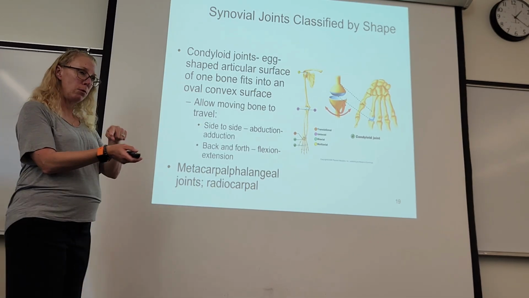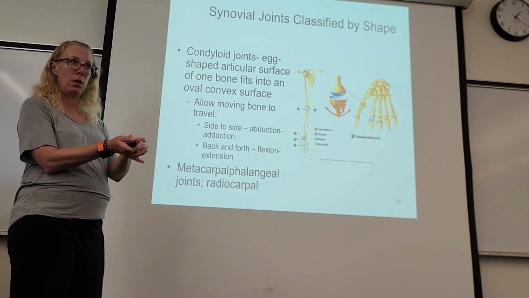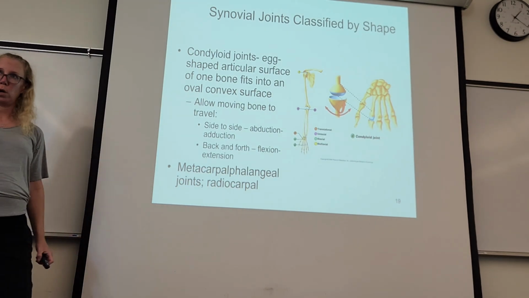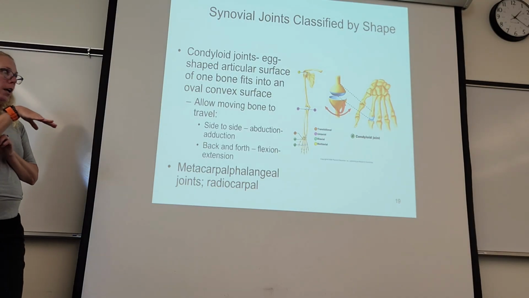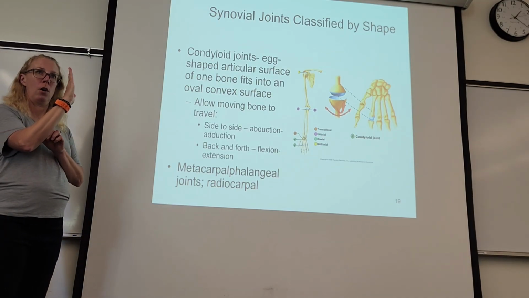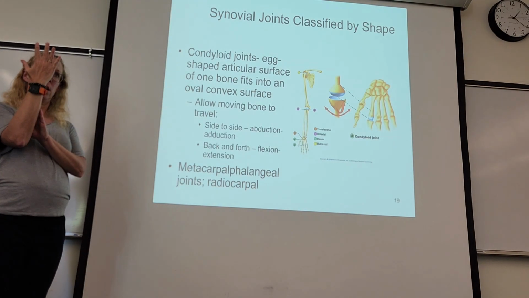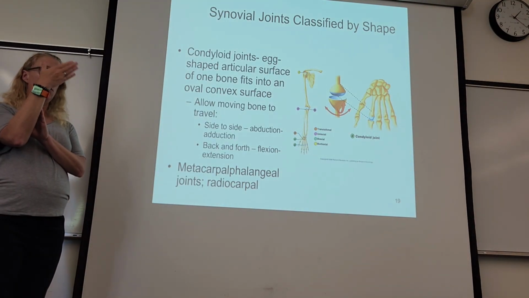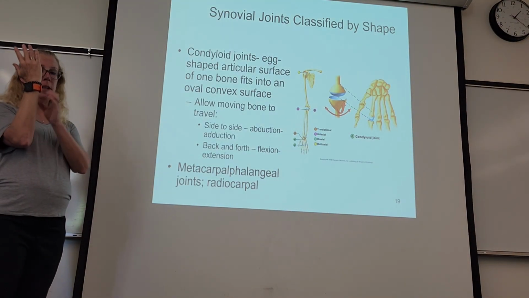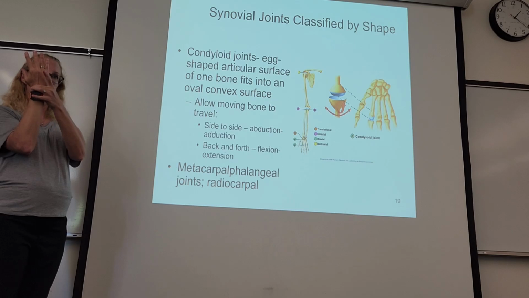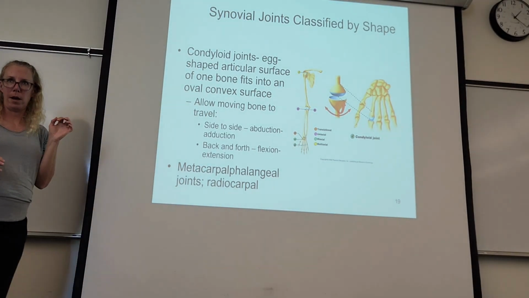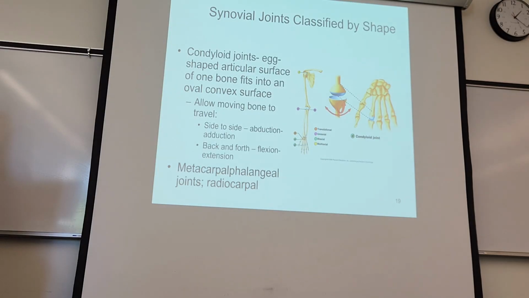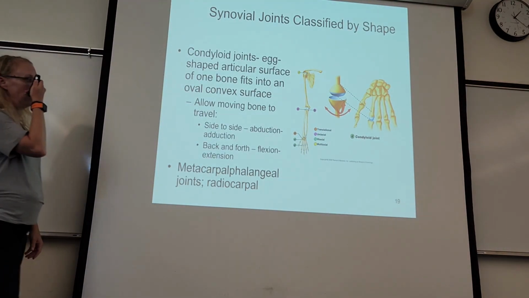So the articulation between that and your carpal bones, again, can provide two kinds of movement. It can provide flexion and extension, or it can provide adduction or abduction. And that's all coming from your radiocarpal joints because they're condyloid in shape. Okay, so that's biaxial.